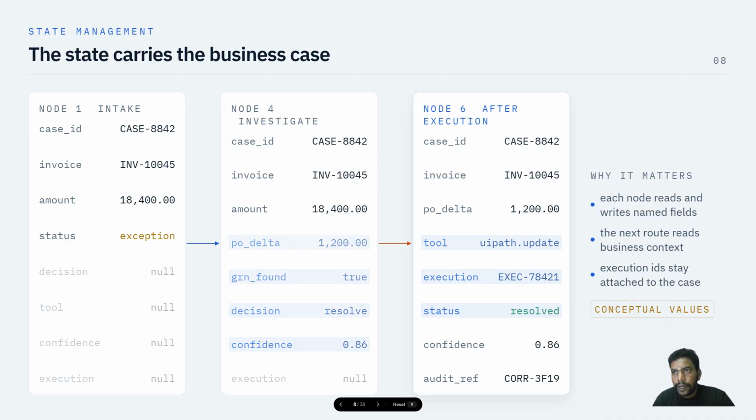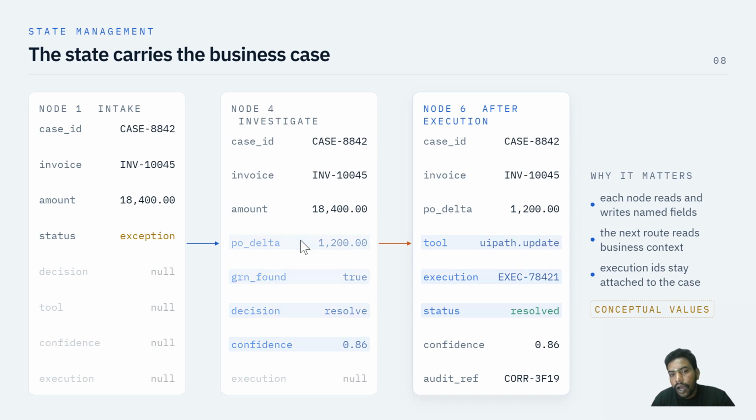After completing this intake process, moving into investigate. When we have started the investigation, here, if you will see, there is a purchase order delta, and the goods receipt was found, a decision to resolve, and a confidence value attached to the decision.